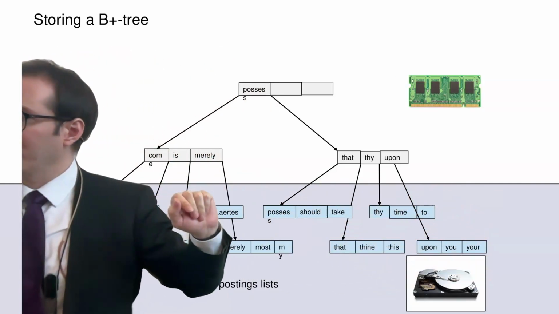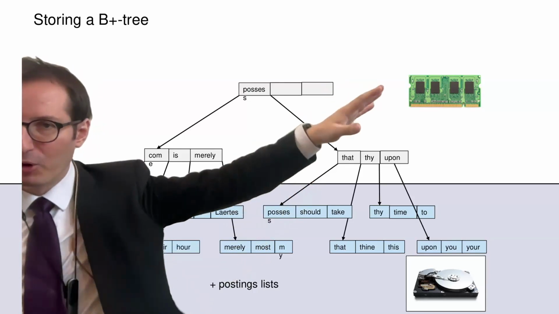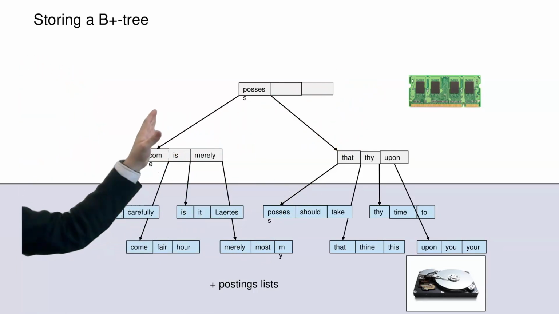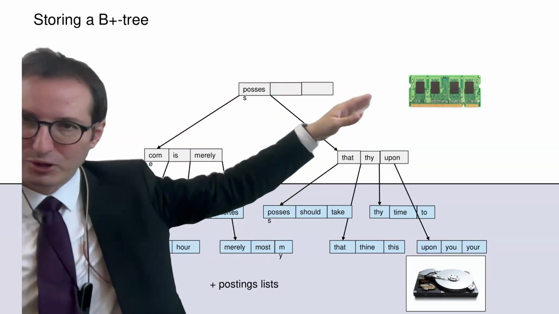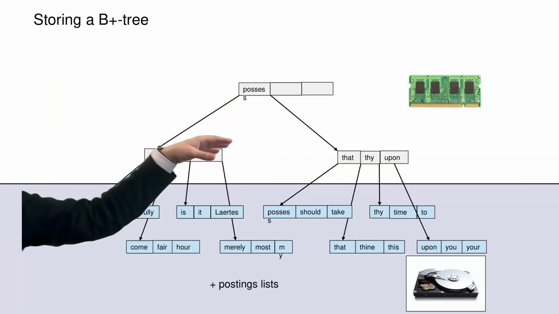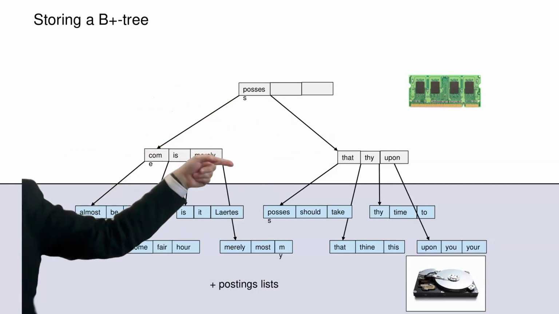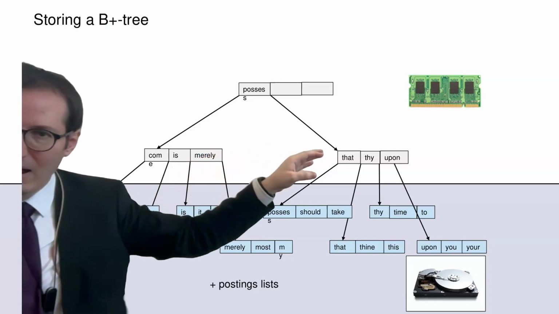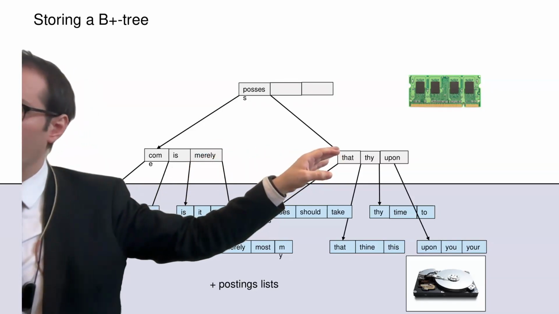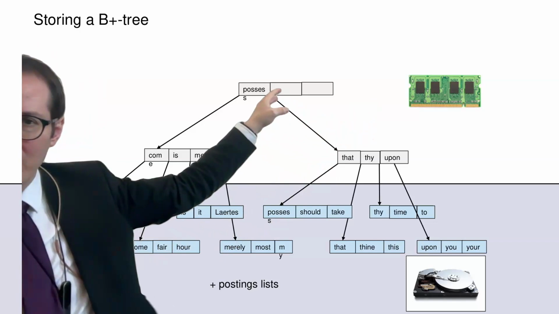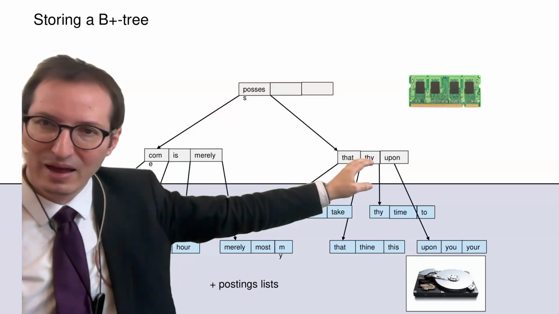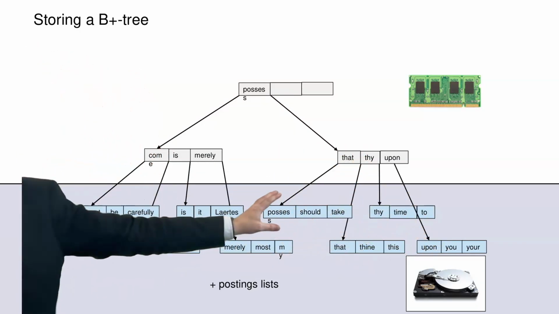But for efficiency, we load the upper part of the tree to the memory. So it means that the first few levels of the B plus tree, we can do them in memory, which is much, much faster to look up the terms. And then we selectively read from disk. Imagine that I'm looking for something here and I know that I have to read this, then I will only read these from disk, right?